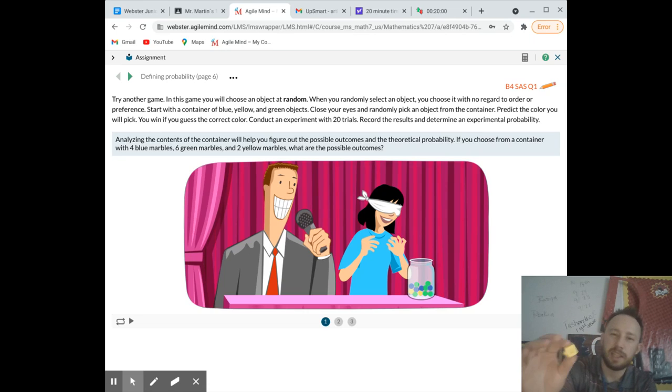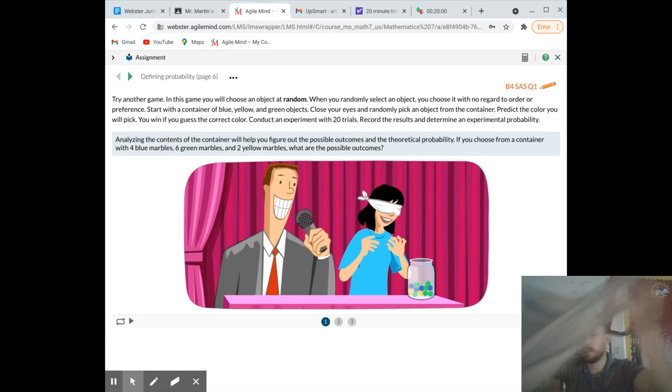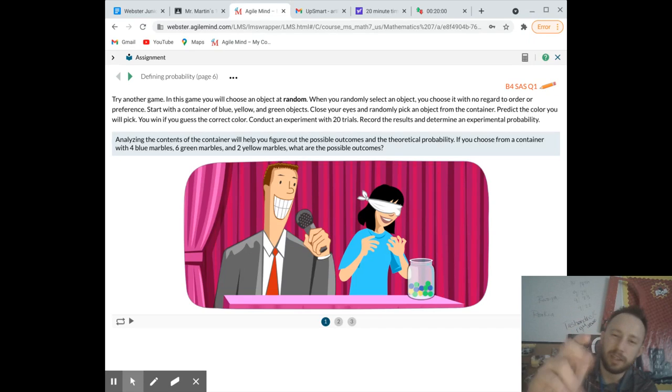I got a yellow one. So far, we got a blue and a yellow. I'm going to shake it up again. We got a green. So we got blue, yellow, and green so far.